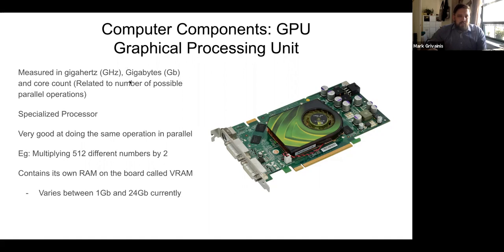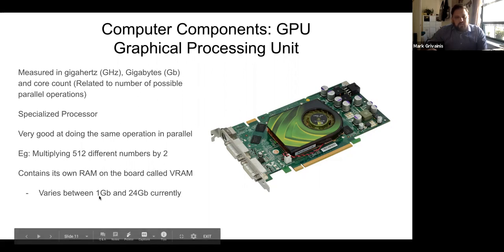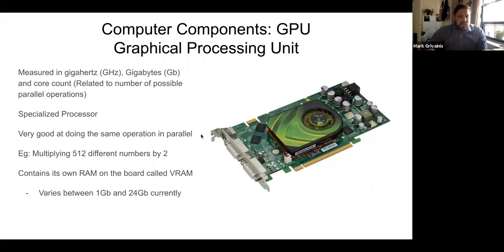The RAM, graphics cards have got their own RAM to store information on. And this will generally be in gigabytes. So between 1 and 24 gigabytes, depending on how expensive your graphics card is. And what graphics cards do is they do lots of operations at the same time in parallel.